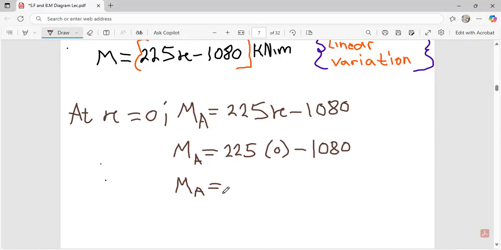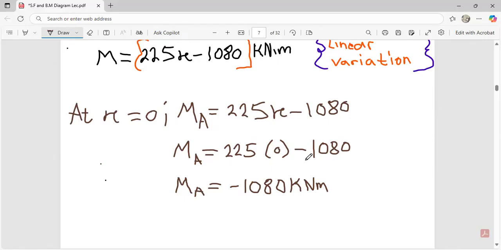So you realize that at the end of the day, if you punch this in the calculator, you're going to get minus 1080, and the unit is kilonewton meter. Good.